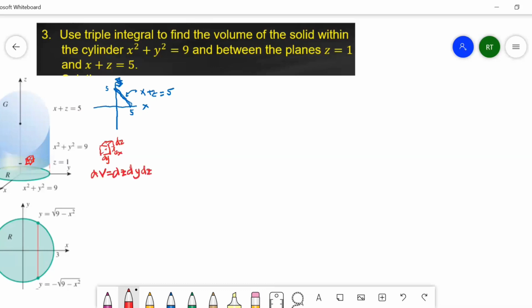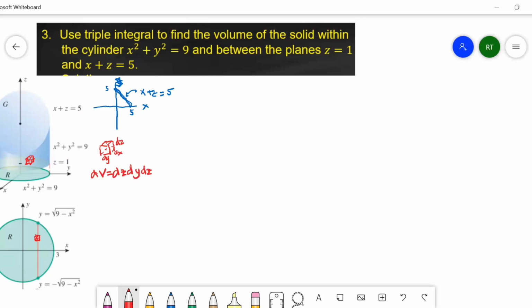So going back to the rectangular region R on the xy plane, since we consider the order dy dz, we can just draw a vertical line, and this is the representative element. So it means that we will go down, up, then left to the right.